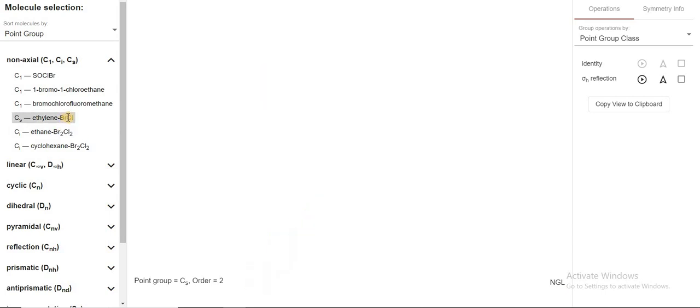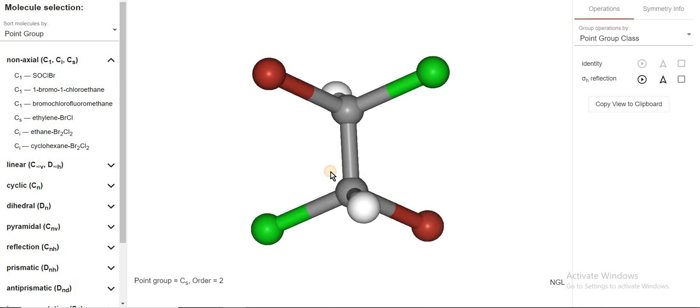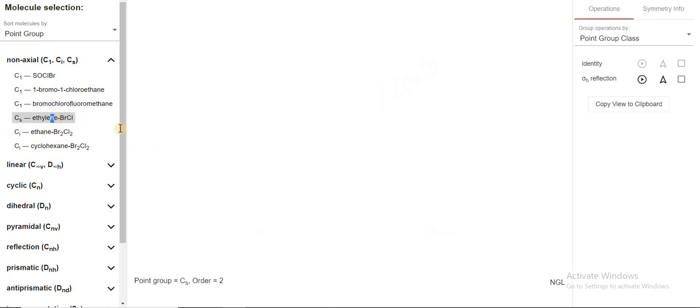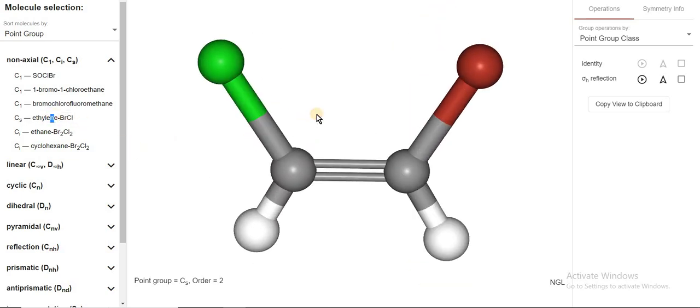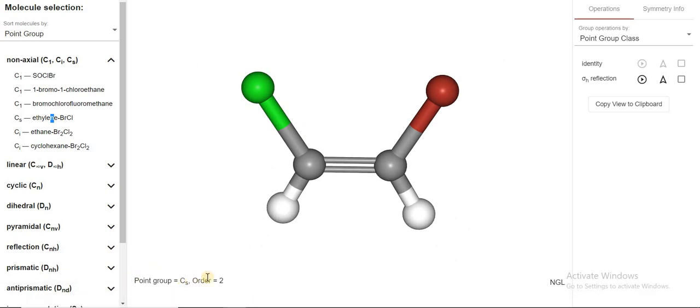So this molecule has point group Cs. Whenever there is only one sigma plane and an identity element, then the point group will be the Cs point group, and the order of the point group is 2.